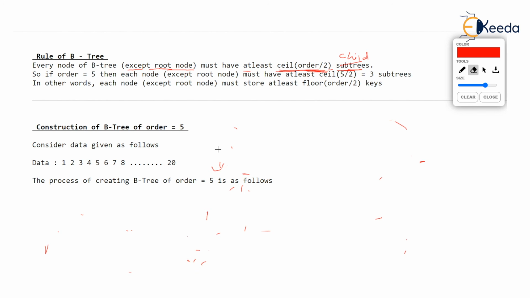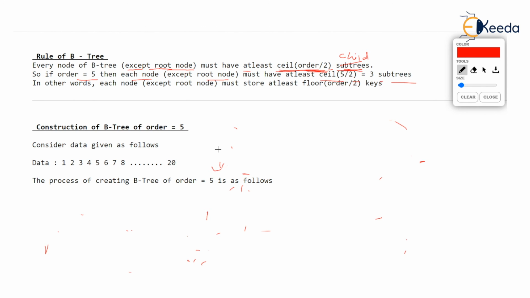So, come again. What is the rule? Every node of a B tree except the root must have at least ceiling of order by 2 subtrees. So if the order is 5, then each node except the root must have at least ceiling of 5 by 2, that is 3 subtrees.